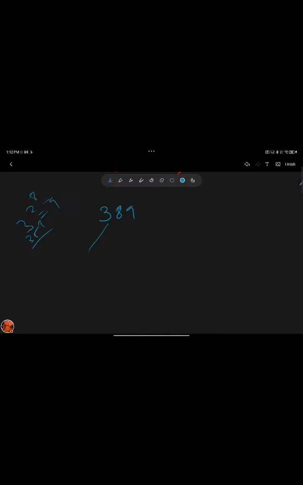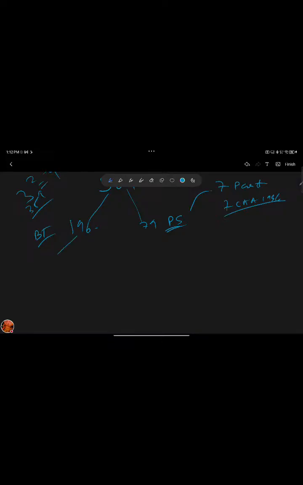Now from this, it was separated in two. 296 were British India seats, and 93 were princely states, which were in the 7th part of our Indian Constitution, repealed by the 7th Constitutional Amendment Act of 1956. And the British India seats were divided into two parts. First was 292 seats.